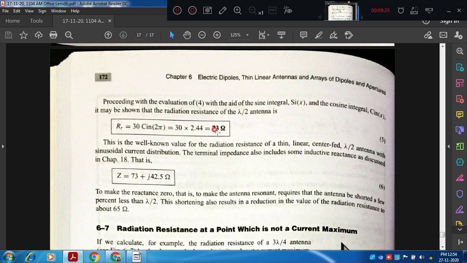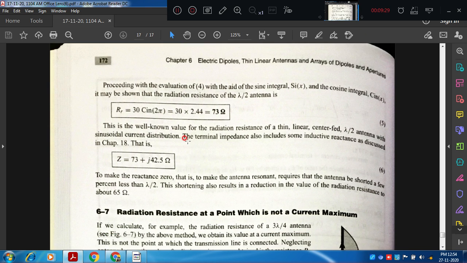This is equal to 73 ohm. This is a well-known value for the radiation resistance of a thin linear center-fed lambda by 2 antenna with sinusoidal current distribution. The terminal impedance also includes some inductive reactance as discussed previously, right? Therefore Z is equal to 73 plus j 42.5 ohms, right?